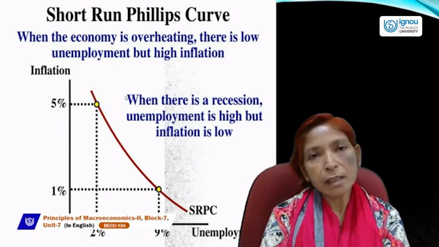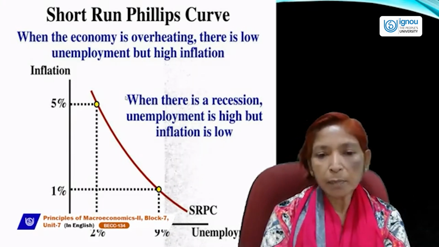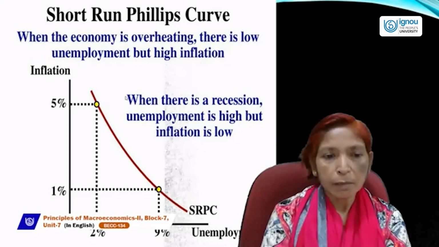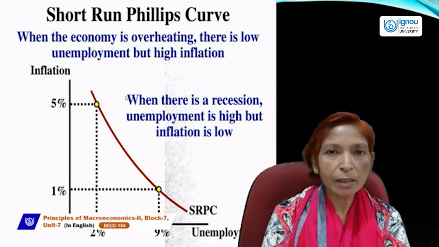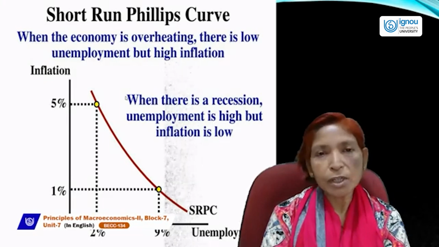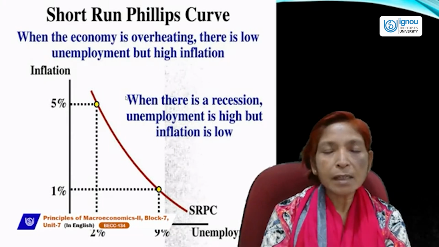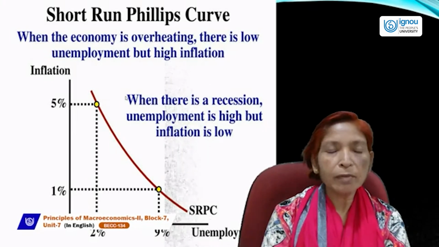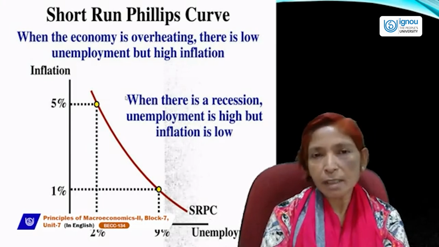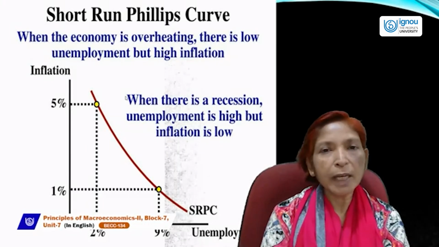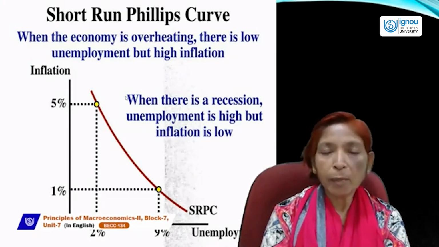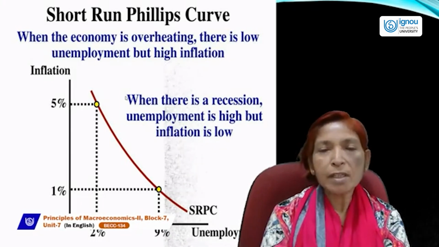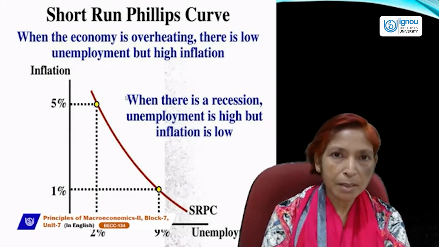And in a recession, unemployment will be higher but inflation will be lower, because recession or depression is a situation when the price level falls. When prices fall, producers are discouraged from producing goods and services. When production is not carried out, employment opportunities will not be generated, and people will suffer from unemployment.